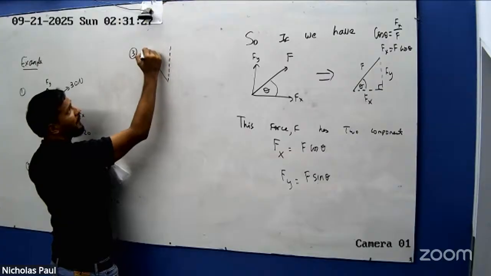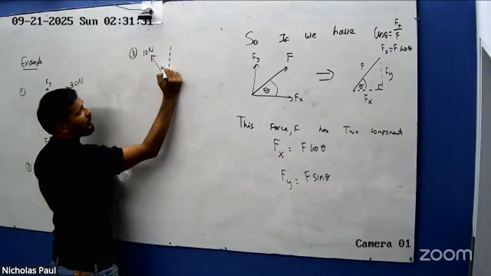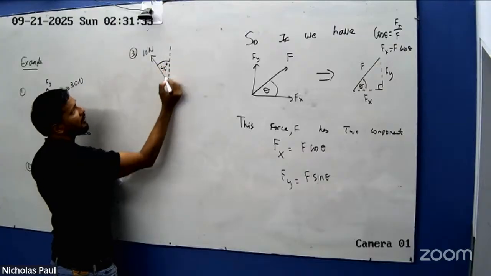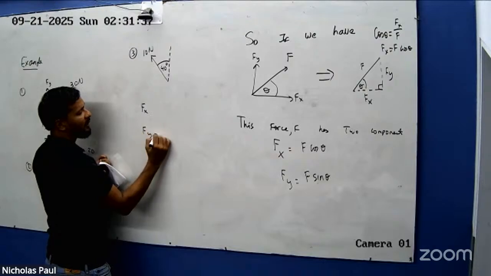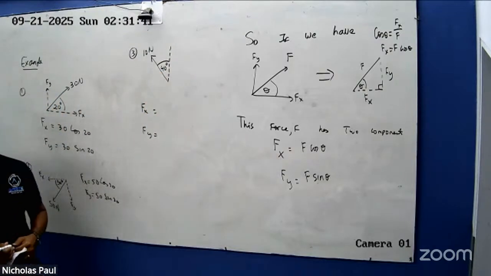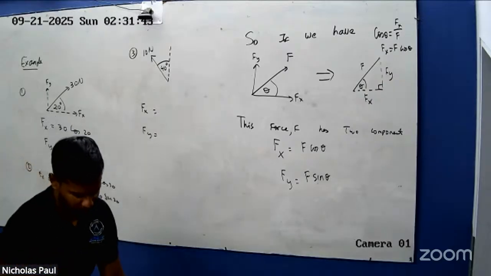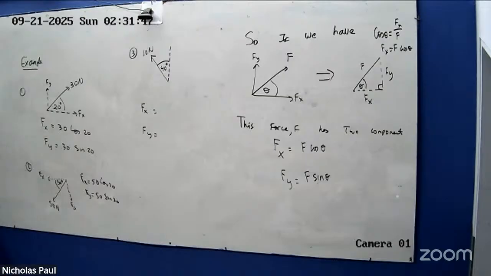Do the same thing from the right: 10 newtons, and here is 40 degrees. Find Fx, find Fy. Show the direction so you don't have to write the sign.